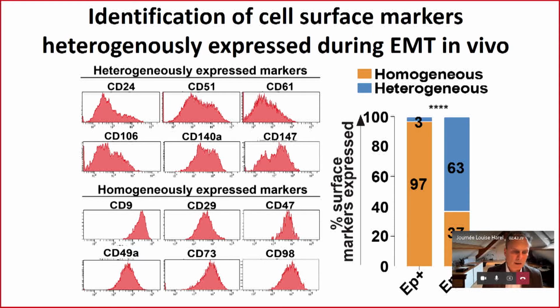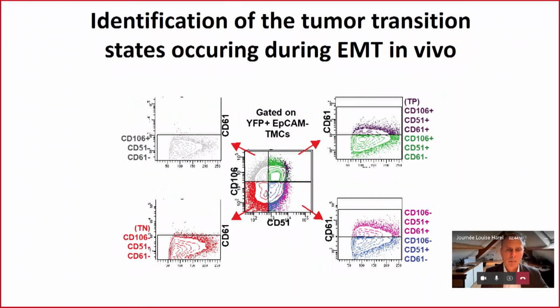Most of the tumor cells there are stained homogeneously with these different cell surface markers that we screened. In sharp contrast, the EpCAM negative EMT tumor cells very often present a bimodal expression of these cell surface markers, suggesting they are not a homogeneous population, but they represent a diversity of populations hidden in these EpCAM negative tumor cells.